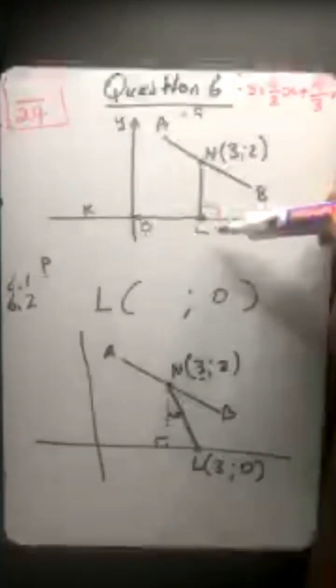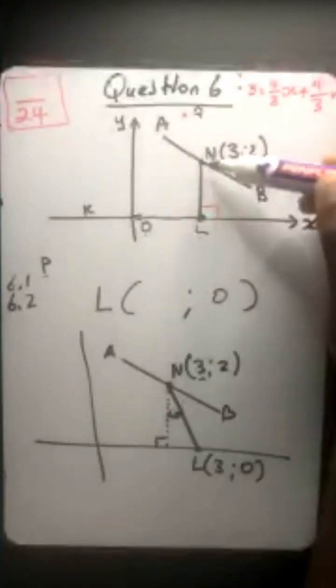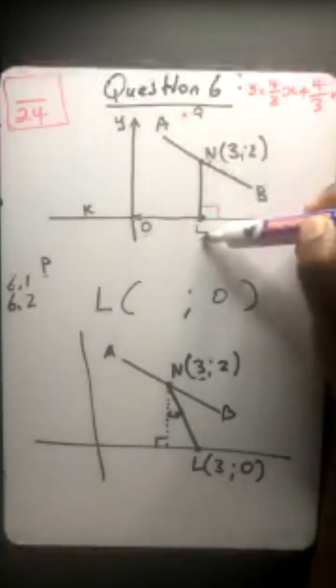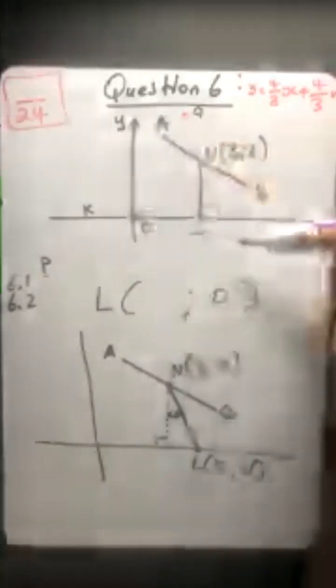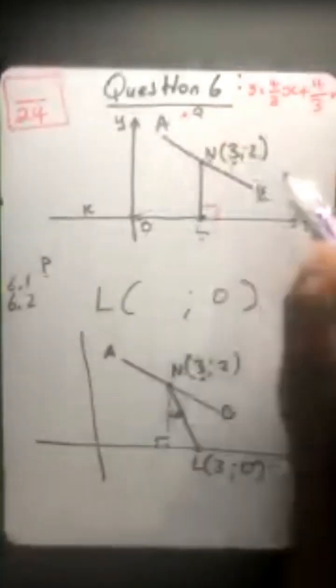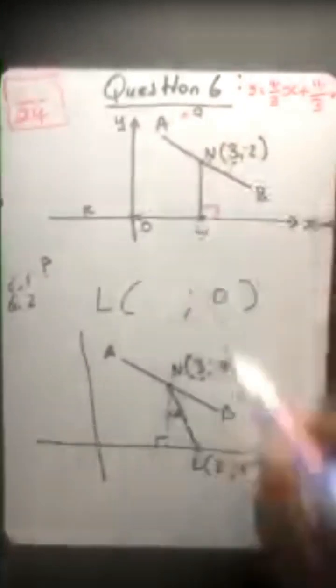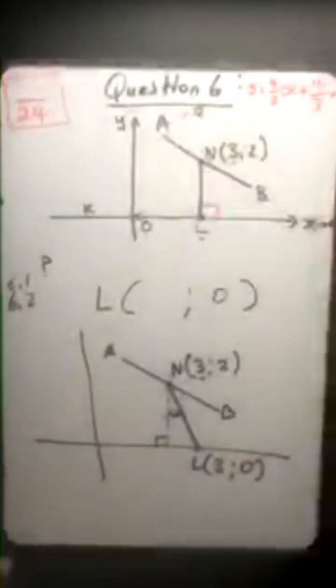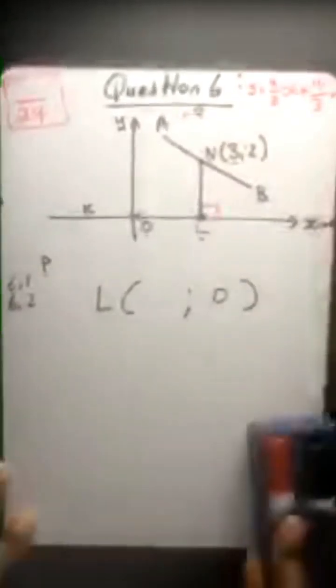Another way in which the examiner can make you aware is to say NL is parallel to the y-axis. That's how you know. And then automatically the x value for that is 3. So I took long to explain that, but for you, you are only given time to just write L. I'm not sure if it makes sense, honorable member.